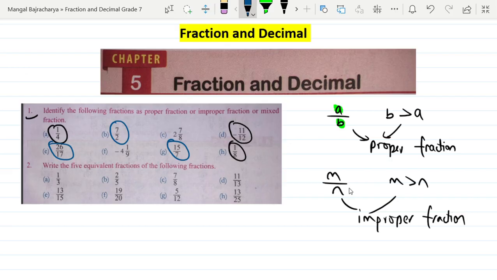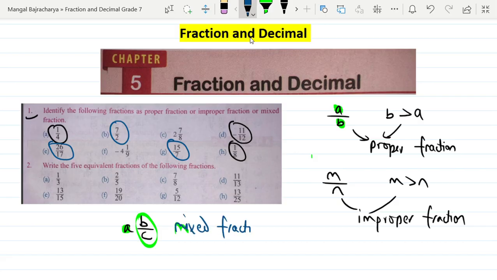After understanding these two kinds of fractions, now we go for the mixed fraction. A mixed fraction is one in the form of a whole number a and then b by c, where a is the whole number and b by c is the fraction attached with it. That kind of number we call a mixed number or mixed fraction.